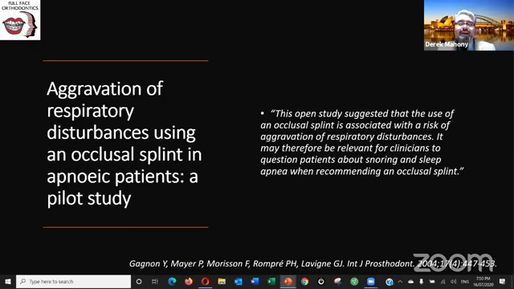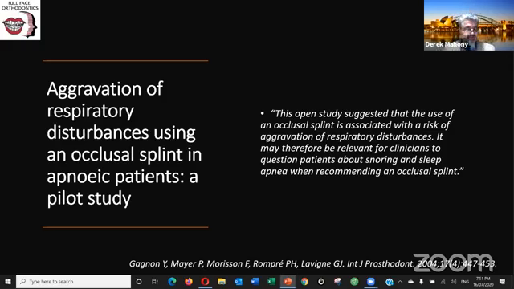If you quote this paper, by your mate Gilles Lavigne, in a very respected peer-reviewed journal, the International Journal of Prosthodontics in 2004, that open study suggested that the use of an occlusal splint is associated with the risk of aggravating respiratory disturbances. So if you just give every man and his dog a flat plane splint and don't question them about snoring, sleep, etc., you could really be opening yourself up to medico-legal problems. That's the bottom line.